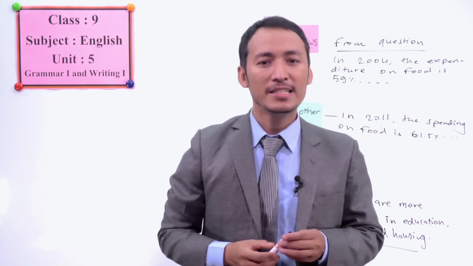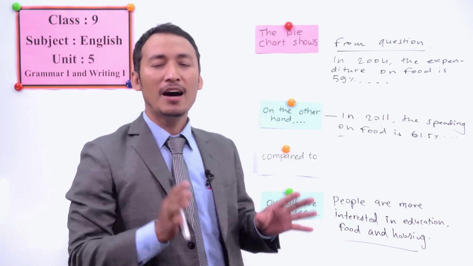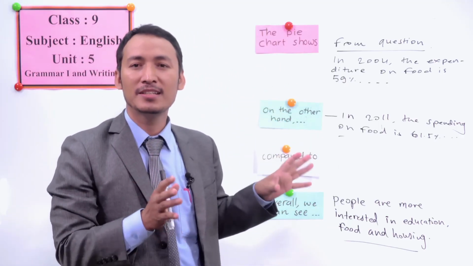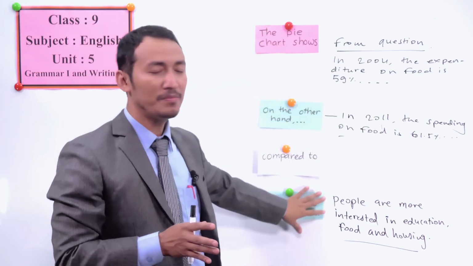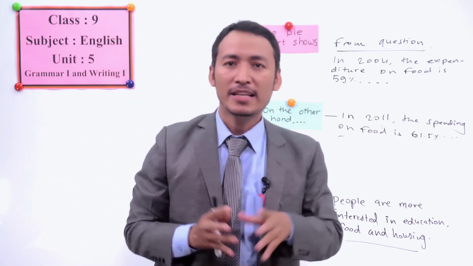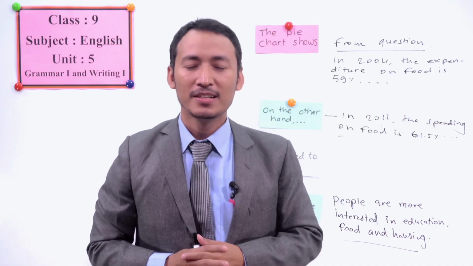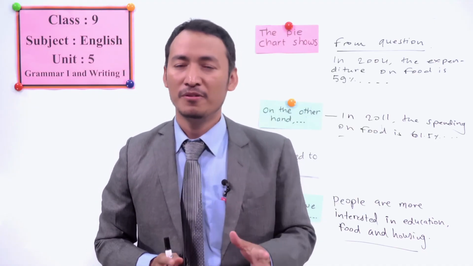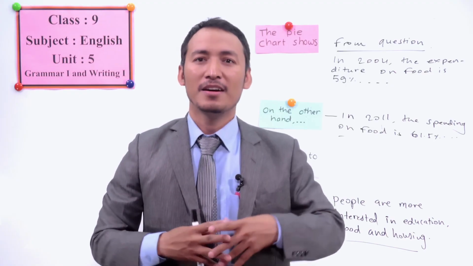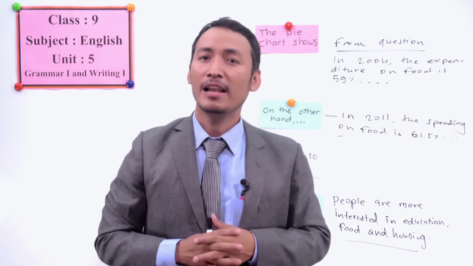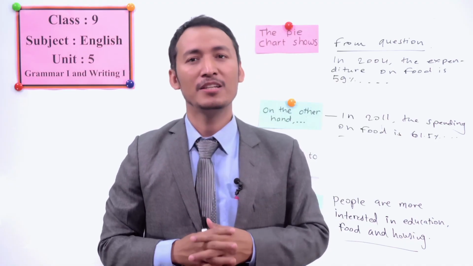Okay, students, so this is how you can explain, describe, or interpret the charts. Here I have given you just some outlines. You can take the help and describe the charts. Okay, students, have you got the idea? I hope you have. If you have confusion, you can review the video and check the other helping words and phrases and use them.